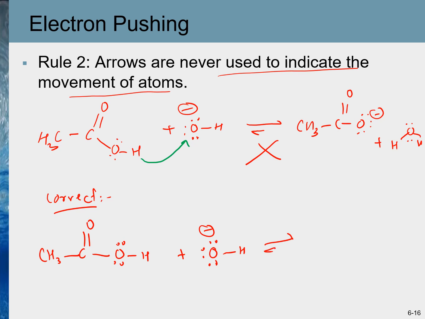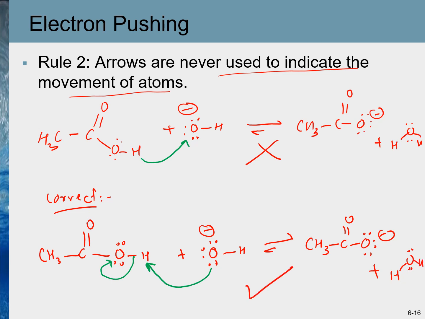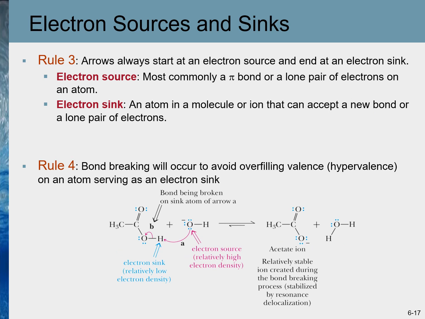So the correct mechanism would be that the OH group donates its electrons to make a bond with hydrogen, and the sigma bonded electrons between oxygen and hydrogen move to the oxygen of the carboxylic acid. So this is correct.